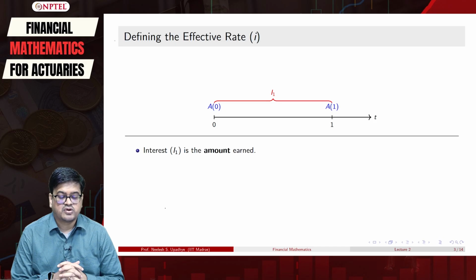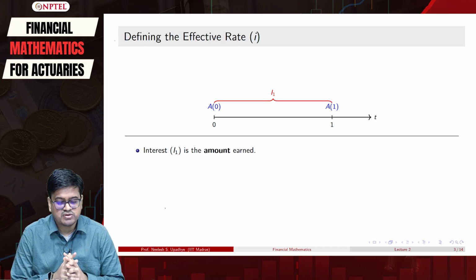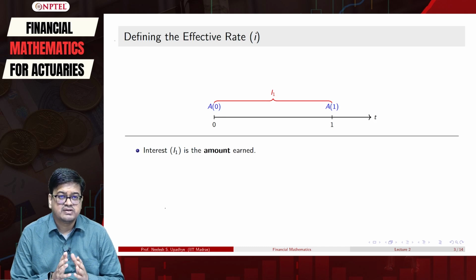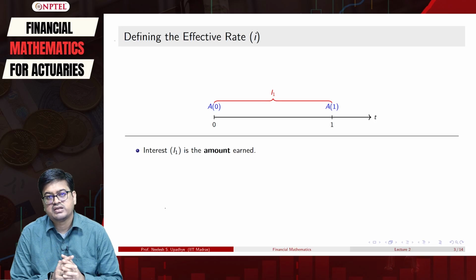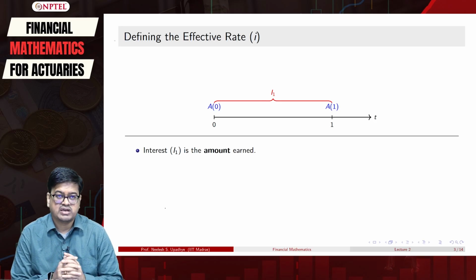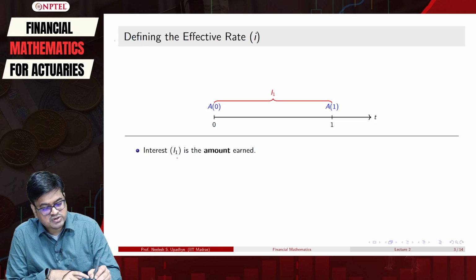So I have an amount function A0, it's some amount. Yesterday we had taken it as a principal of k, today it's A0, and then at the end of period 1, I will have the accumulation function giving me some value A1. And in the last class, we discussed what I1 will be.